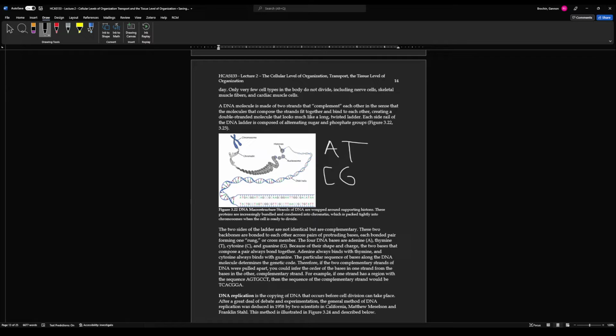Now, what is really interesting about DNA in the body is that at the top level, we have the chromosome. We have 46 total, 23 pairs, and all of our DNA is stored across the 23 different chromosomal pairs.